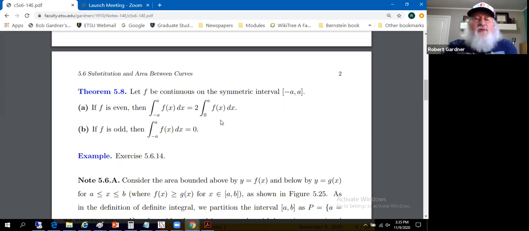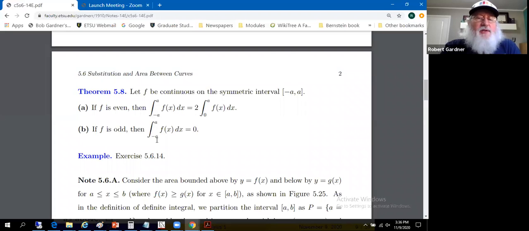It's symmetric with respect to the y-axis, so whatever it does to the right of the y-axis where x is positive, it does a mirror image thing when x is negative. So the integral from negative a to 0 is the same as the integral from 0 to a by the symmetry, and we'll see that happen when we compute this.